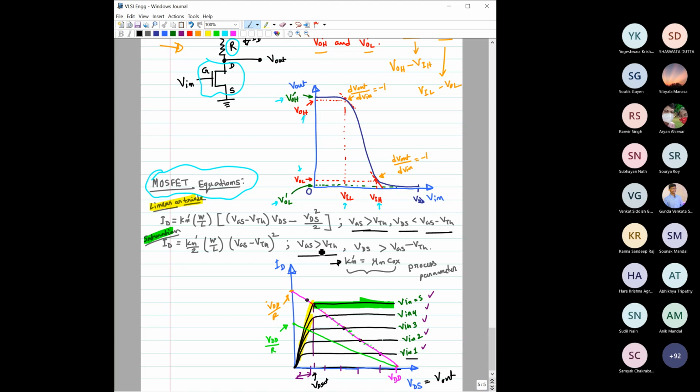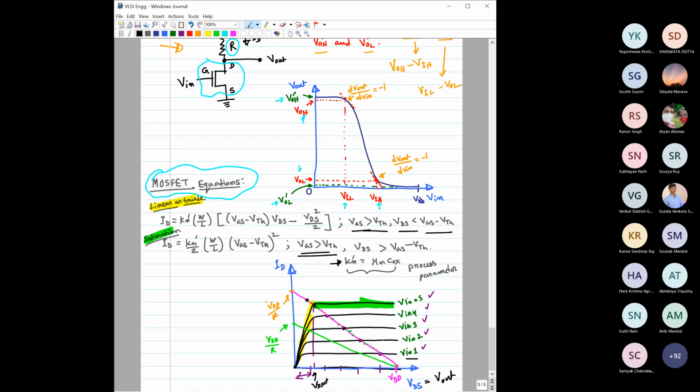Here again, for both cases VGS is greater than VTH, and VDS is greater than VGS minus VTH. This is just a recap. I know that you already know this very well. Fine, so we now know these couple of things.